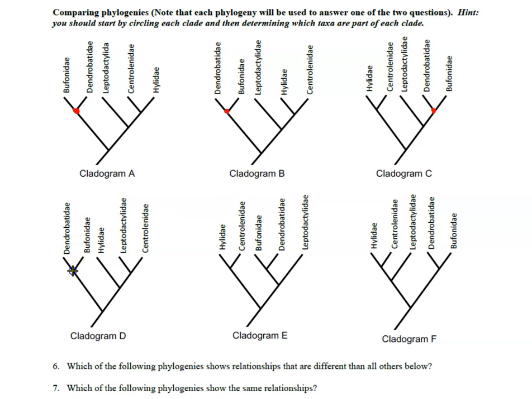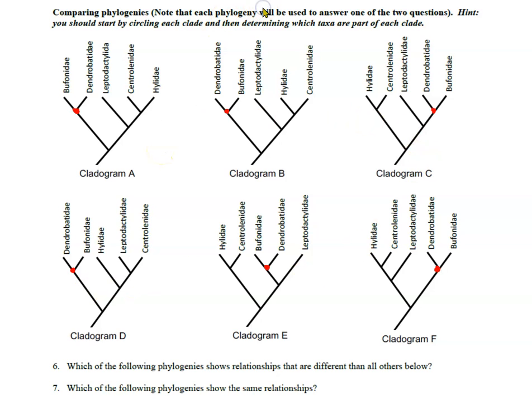Let's go down to D. We see the same thing. D and B together sharing an ancestor. Here it is in the middle, but B and D are still sharing that common ancestor. And again, here we see them sharing that common ancestor. Okay, so far, just looking at those two groups, it seems like all of these trees are equivalent.